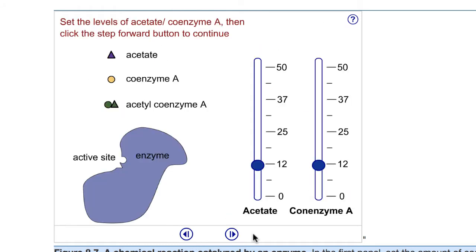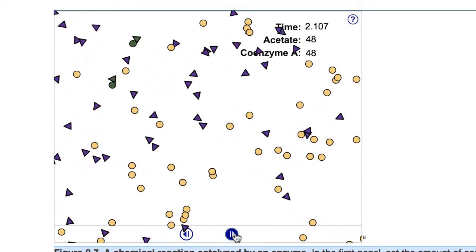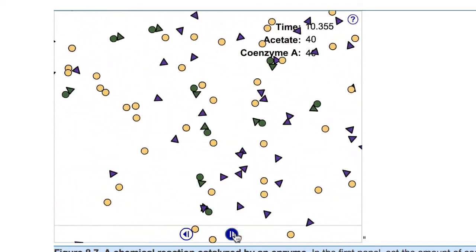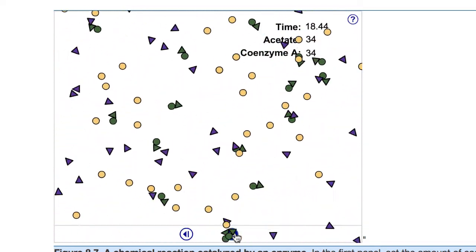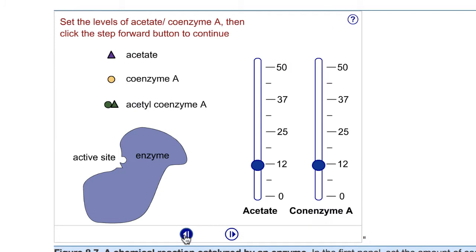Just for fun, let's increase the concentration of both to 50. Now they don't have to be the same concentration, but I'm just going to do that for simplicity here. Now there is 5 times as many molecules to react. In 30 seconds, we saw 20 reactions.